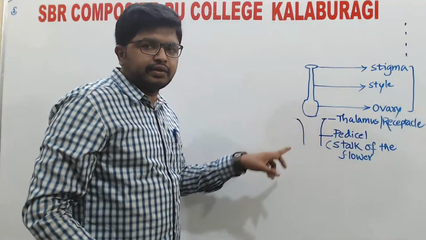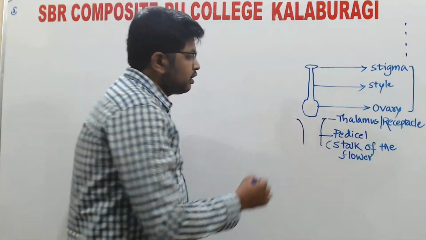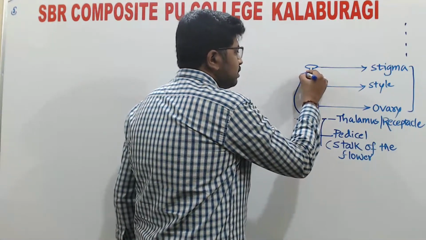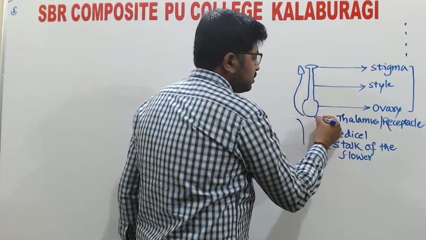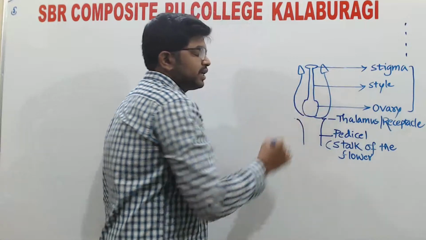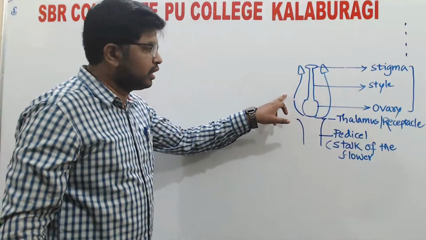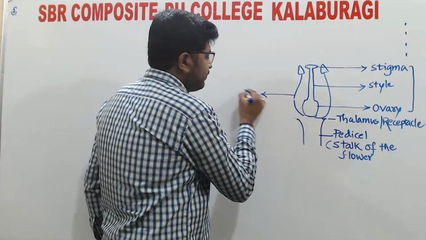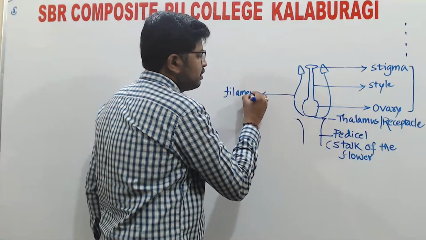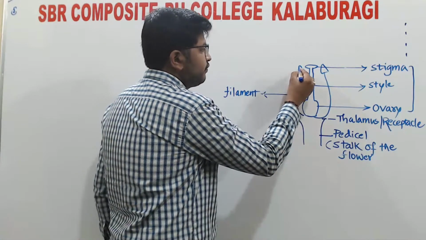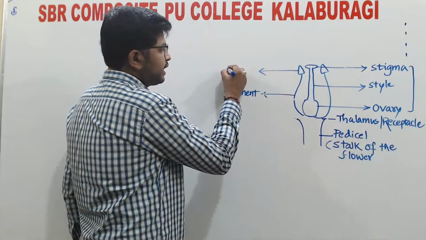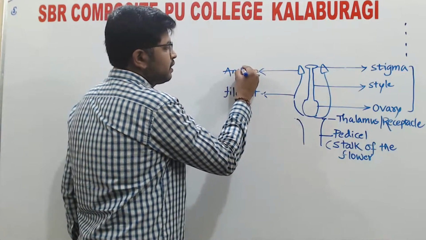Now, this is the center one, the main one. Next to it, what do we have? We have a slender stalk on both the sides, which we call the filament, and the bilobed structure, we call it the anther.